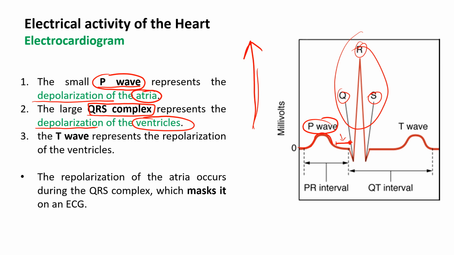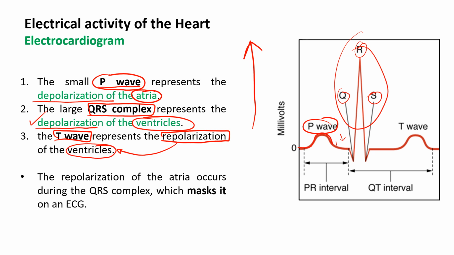So that is the depolarization of the ventricles. And then when the cell depolarizes, that means the cell needs to repolarize at some point. The T wave, which is this one that we can see here, represents the repolarization of the ventricles, right?